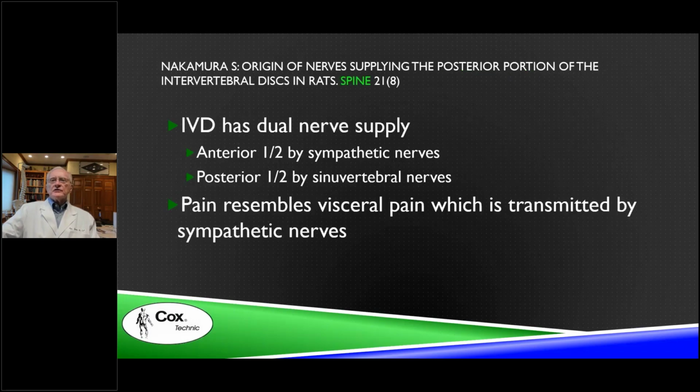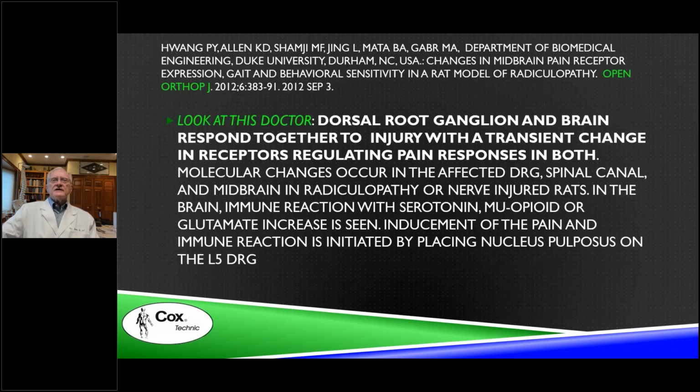Remember, the disc has a dual nerve supply. Anterior sympathetic, posterior is sinuvertebral. I offer to you, these are what type of autonomic nervous system? Sympathetics.